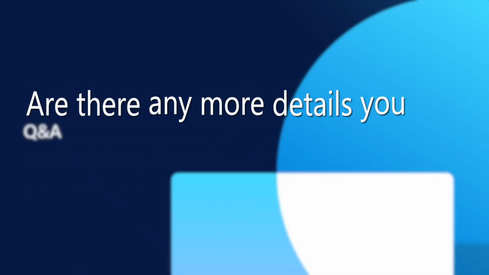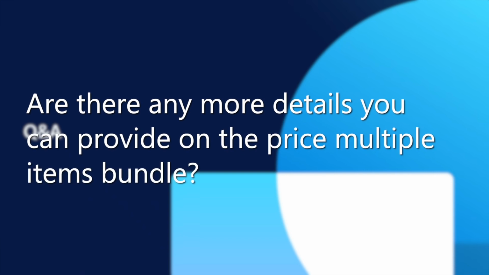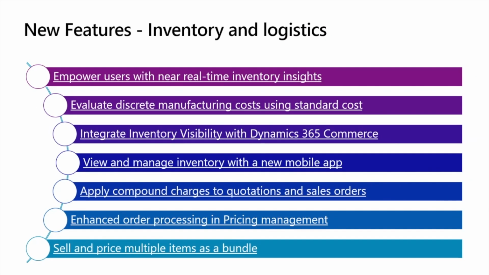Great. Thank you. Is there any more details we can provide on the price multiple items bundle? Yeah, basically, this is a product bundle feature which we had as part of the revenue recognition. A product bundle consists of a parent item as well as multiple component items. It provides you a quick way to enter the item into the sales order, and then you can explode that item and it will split into the parent item and the component items in the sales order lines.